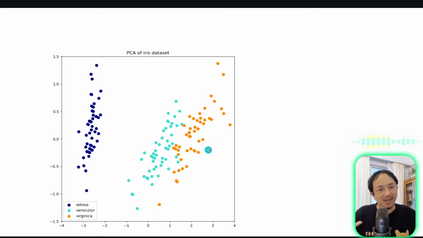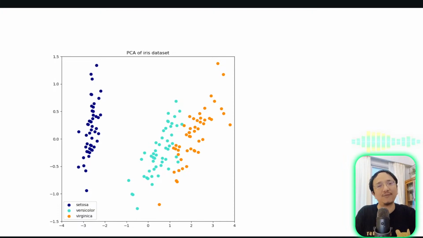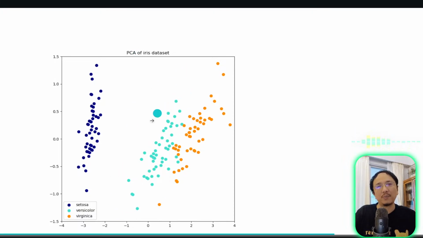It doesn't consider any of the different classes of each data. It only considers the features. So we have 150 different samples. Each sample has 4 features, and we reduce it into 2 by using PCA. Although it still looks pretty good that they separate, it seems we chose good features.